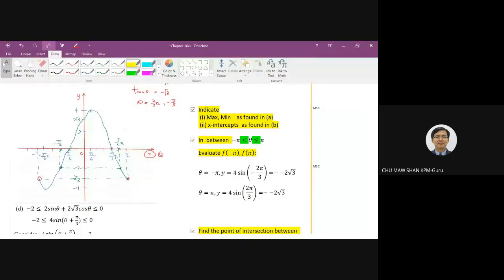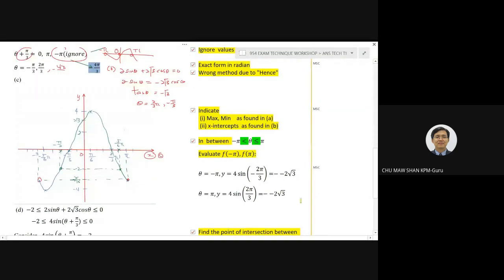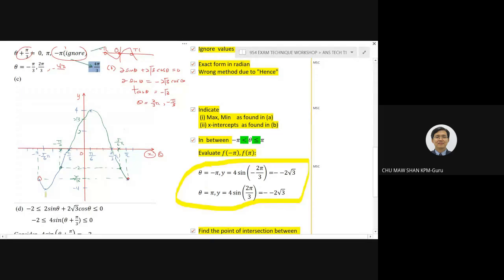When theta is negative pi, you get negative 2 sec 3. And when theta is pi, you also get negative 2 sec 3. But when you come to the sketch, be careful of these 2 points. One is exclusive, one is inclusive. These minor things will cost you marks if you are not careful.